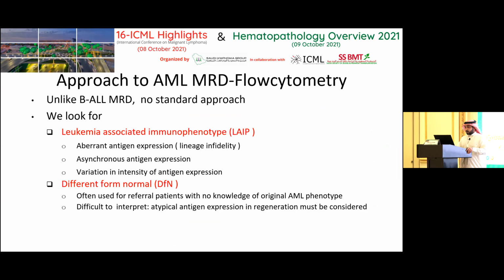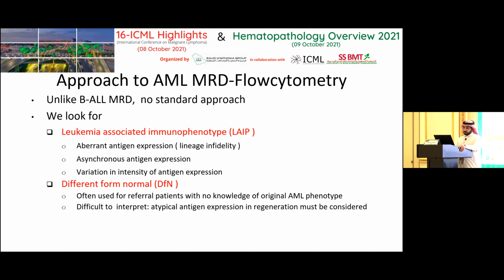So what is the approach of AML MRD by flow cytometry? Unlike B lymphoblastic leukemia MRD, it is not a standardized approach. So we look for the leukemia-associated immunophenotype approach, and the different-from-normal approach.